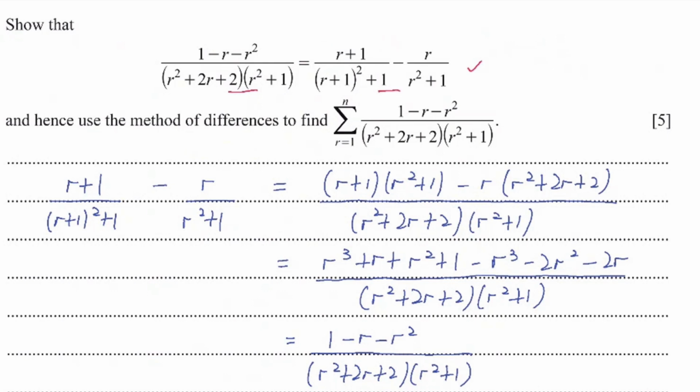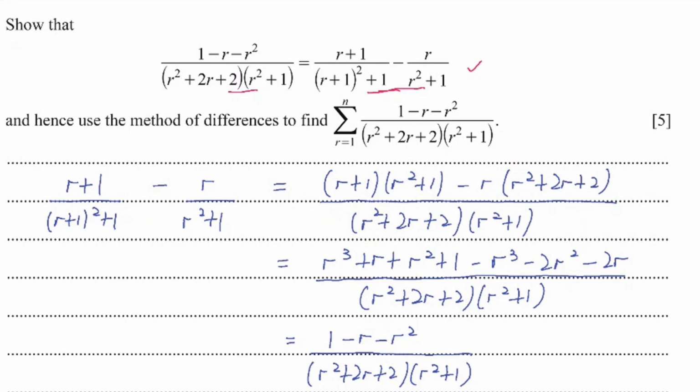Because this is a showing question, it is not really testing us on the partial fraction. So we don't need to really use the partial fraction to do that. This result is going to be used in the sum later. So usually it is okay that we do it from the right hand side to the left hand side.